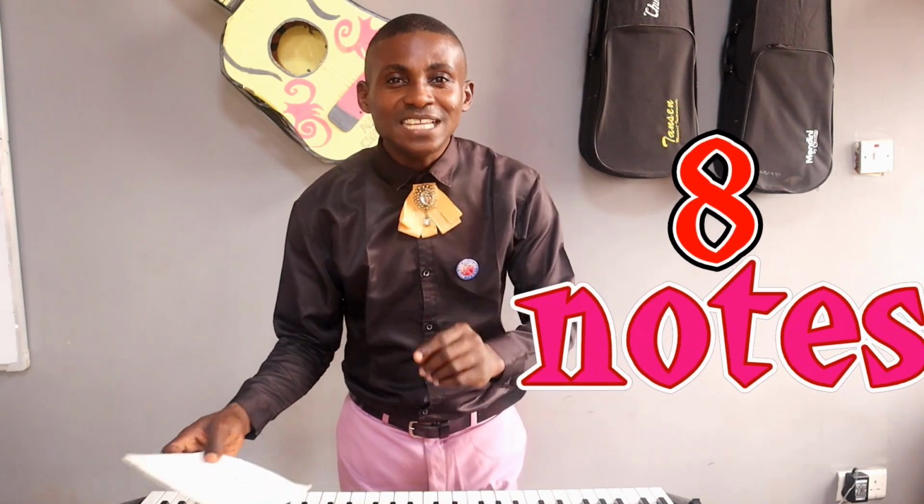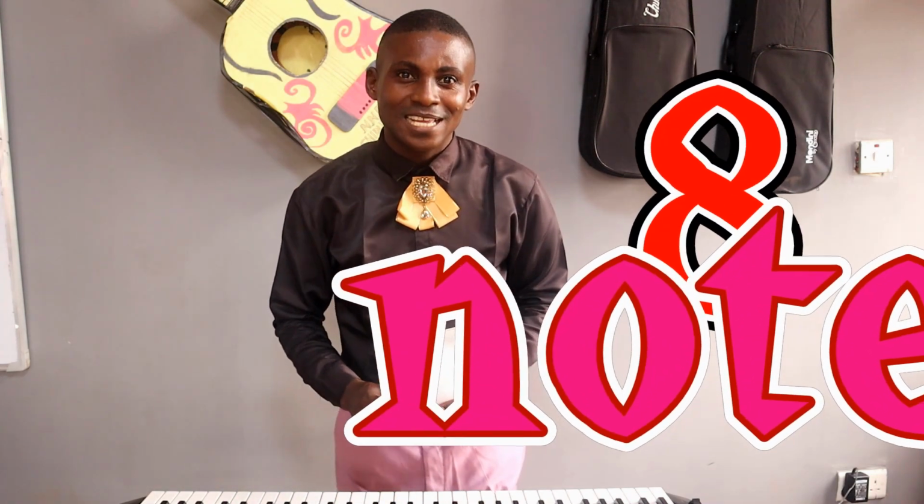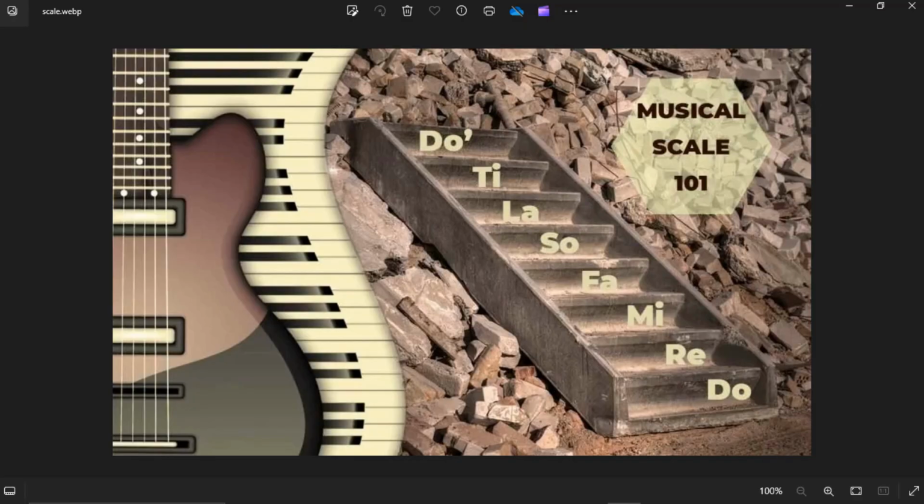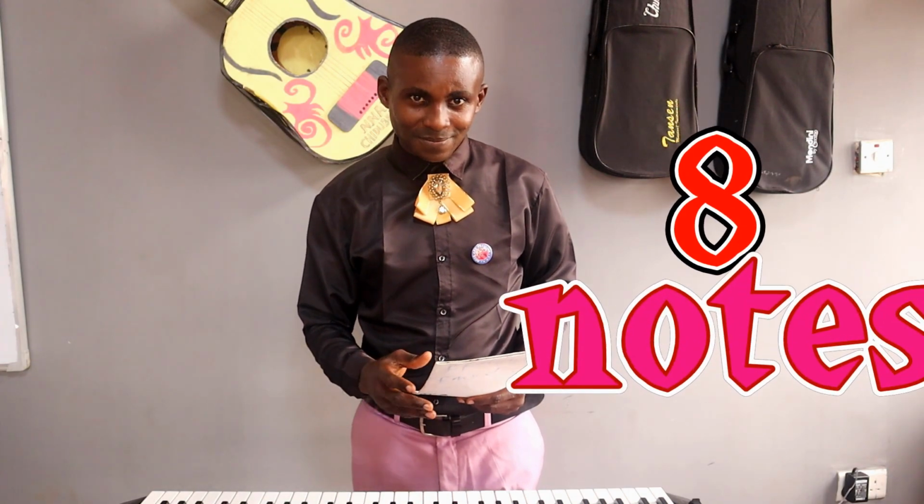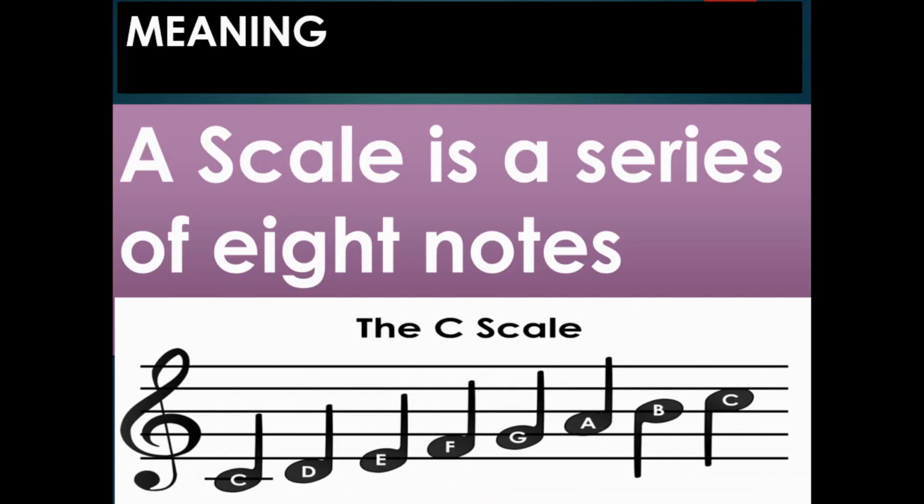How many notes did I play? 8. I played 8 notes. Those 8 notes represent a scale. That means a scale is made up of 8 notes. A way of defining a scale is a series of 8 notes.